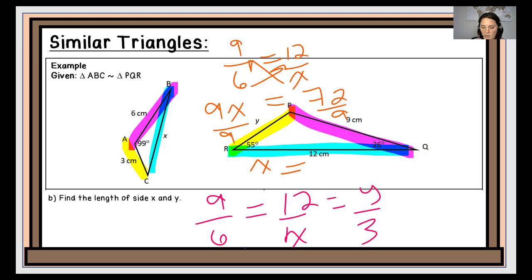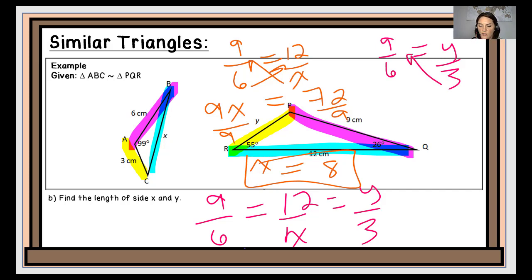So x is equal to 8. And I could do the same thing to find y. So 9/6 is equal to y over 3. This time the y is not in the denominator, so I can just multiply by 3. Since y is in the numerator, I can multiply both sides by 3. So 9 times 3 is 27.